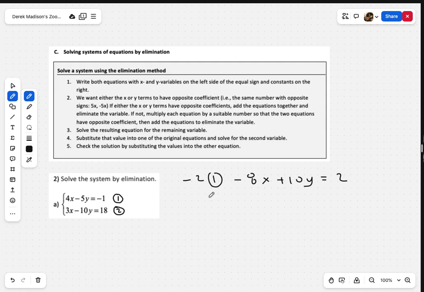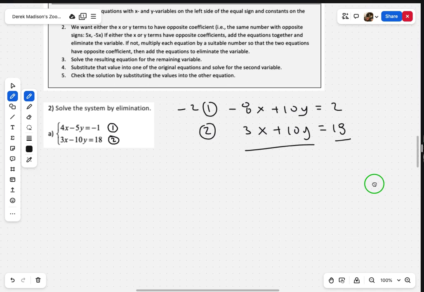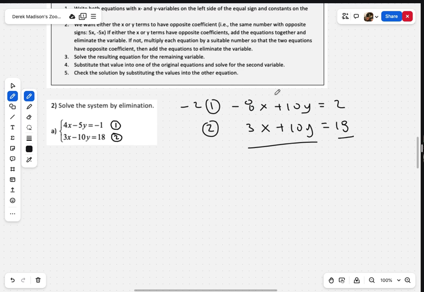And then I'm just going to add to that equation 2 just as it is. So 3x plus 10y equals 18. Oops, I wrote down the wrong sign right there. There we go. So notice plus 10 minus 10, that's what we wanted, for those to just cancel.